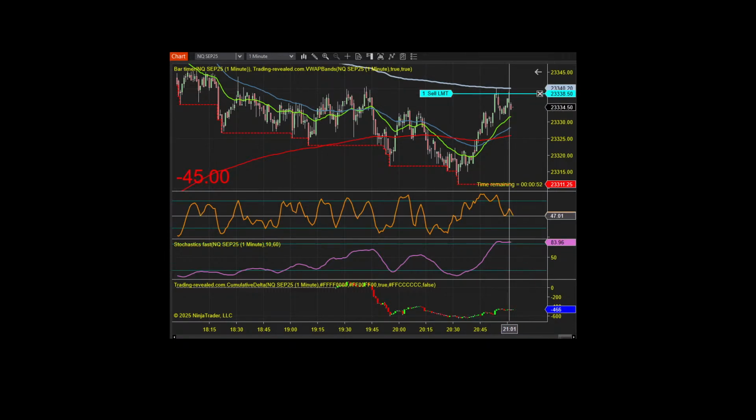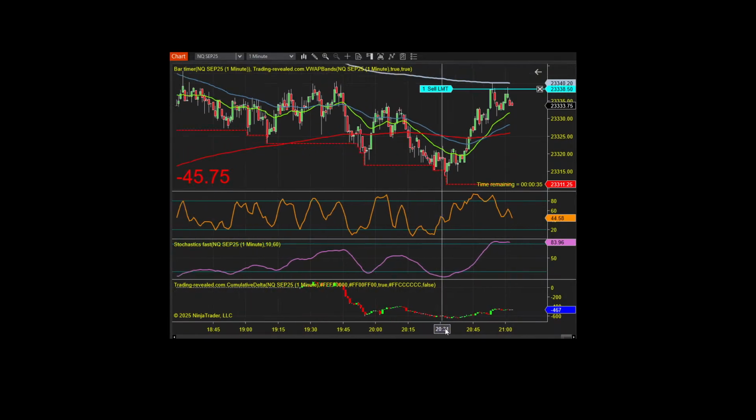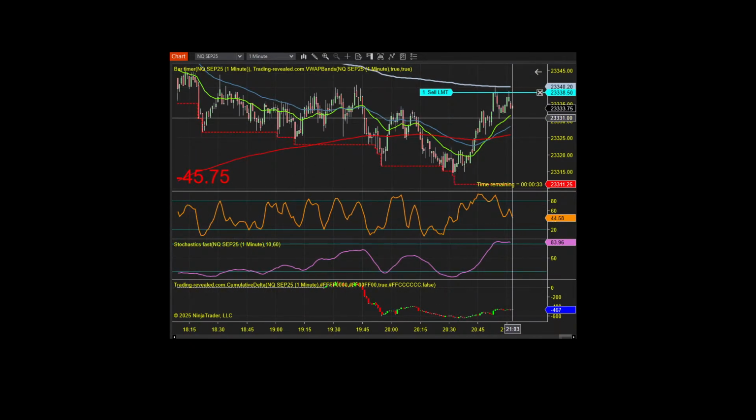Yeah, you can see this 9.3 stochastic is coming down. In that situation, if this stochastic, this 10-60, stays above the 80 mark and stays there for several minutes, then typically that might be a good place to go long when this thing gets down and it's kind of oversold.